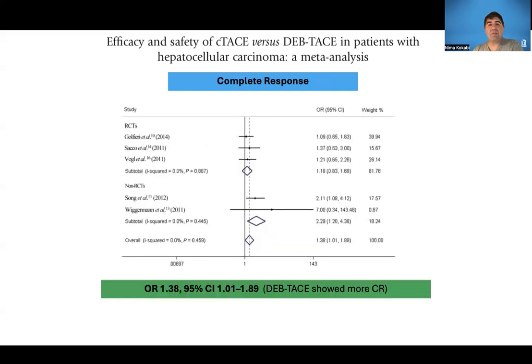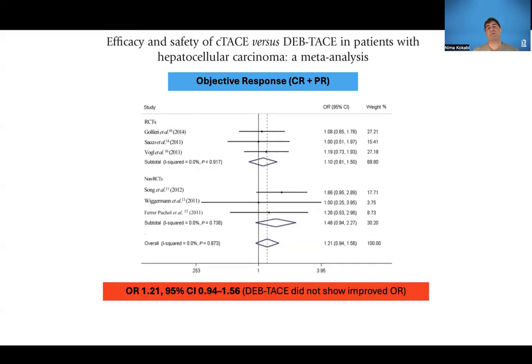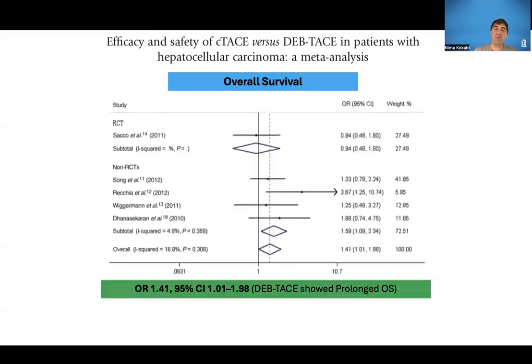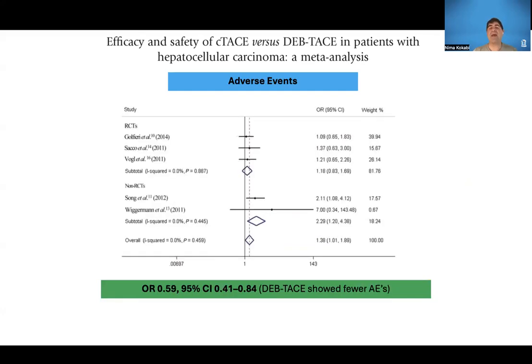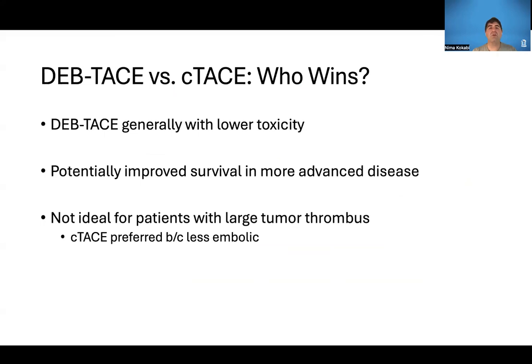The complete response favored deptase. But when you looked at objective response, which was complete response and partial response, there was no difference between the two. Overall survival favored deptase again. Adverse events favored deptase. Serious adverse events, there was no difference between the two.